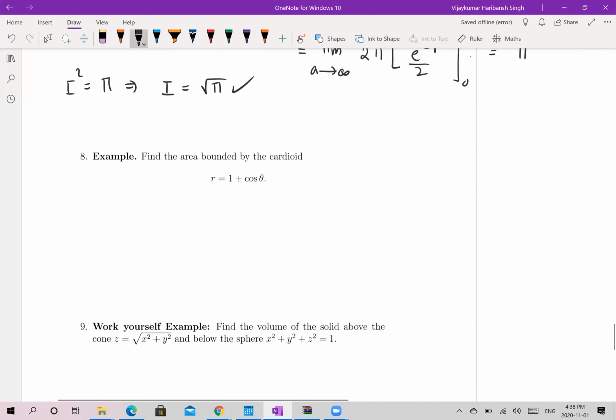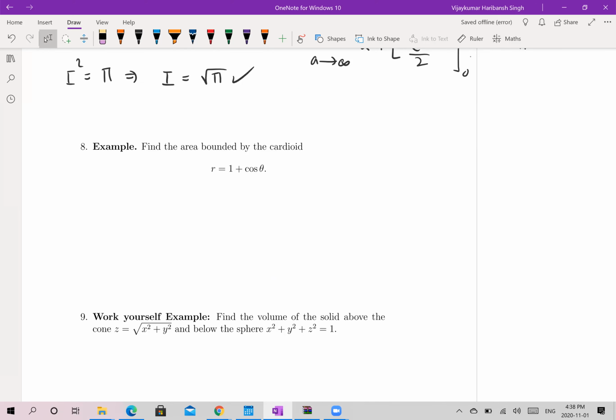Okay, so now we want to consider the region R bounded by the cardioid r equals 1 plus cos theta. So if you recall, this is how the cardioid looks like. So we have r equals 1 plus cos theta.